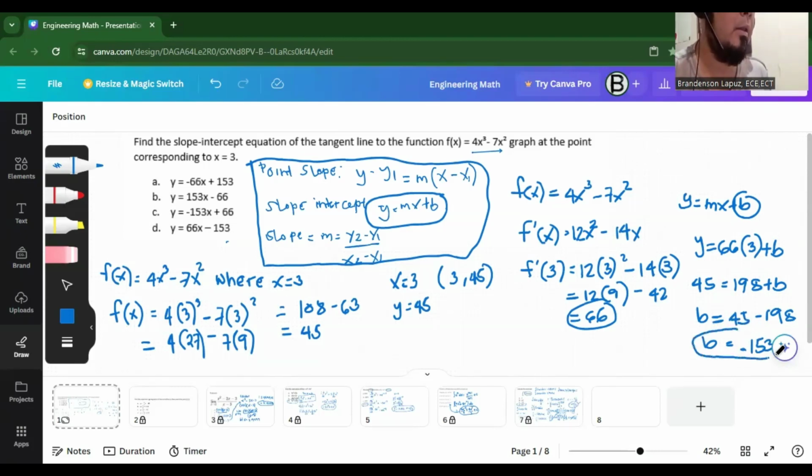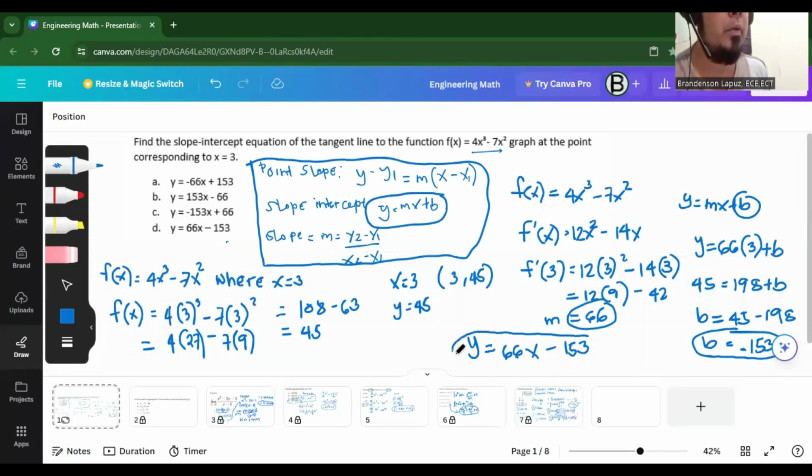And so you can now write down the equation, which is y equal to 66, this is your m, 66x minus 153.